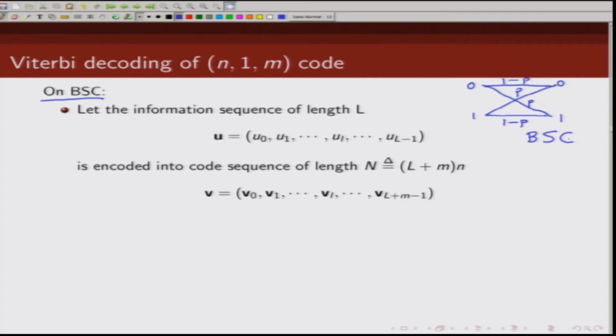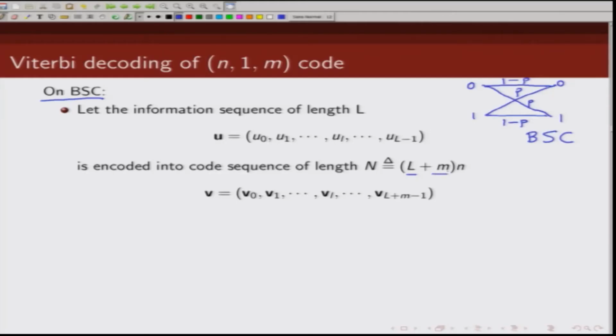So, let us consider that we have an information sequence of length L denoted by U, and it has been encoded into a sequence of coded length n, using a rate 1 by n code. Now, L corresponds to the number of information bits. Remember, we are terminating the convolutional encoder.